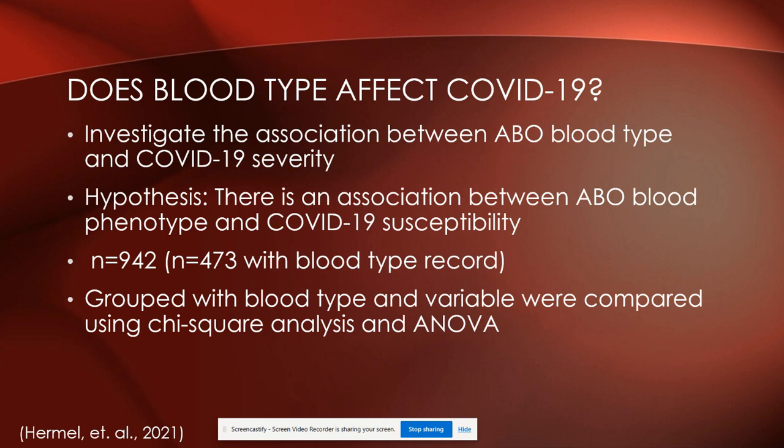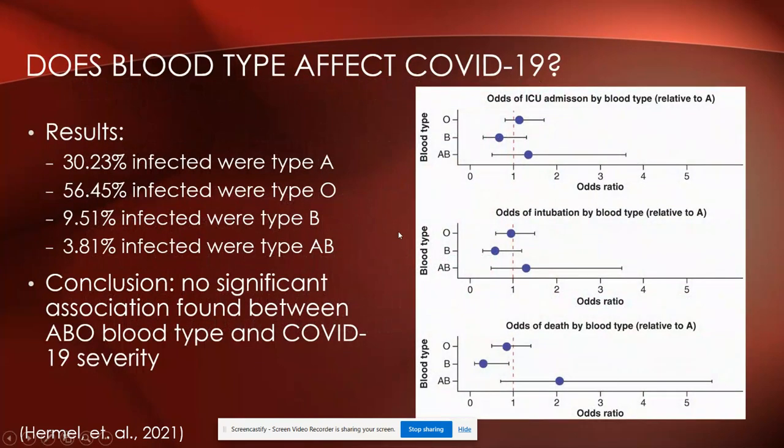They ended up grouping them by blood type and other variable characteristics, such as comorbid conditions, labs of interest, medication, and some demographic characteristics as well. And they compared those using chi-square analysis and ANOVA.